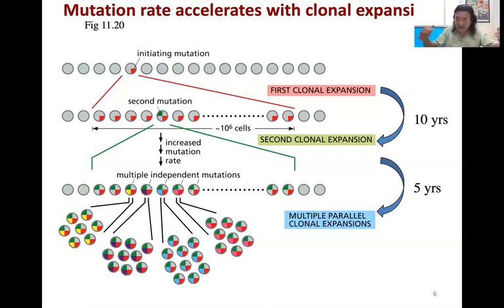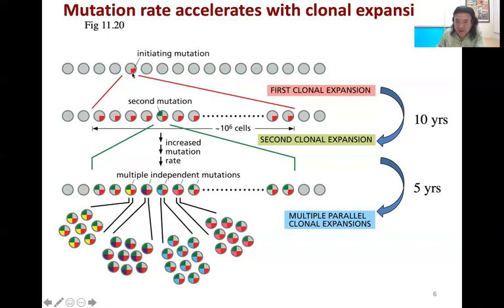But as it divides, most of the daughter cells along the way do the right thing and detect that there's something wrong, and they undergo apoptosis. That's why by the time this first transforming cell has a chance to divide enough over many, many generations before it reaches, let's say, 1 million of these cells, that's taken something like 10 years or more to happen.